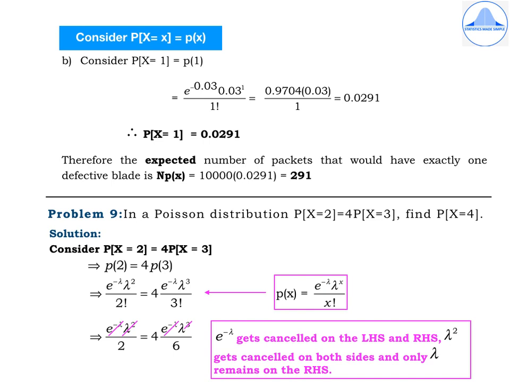So lambda square will get cancelled on both the sides and you will be left with only lambda on the right hand side. So please check this step very carefully and understand the calculations which I have explained.